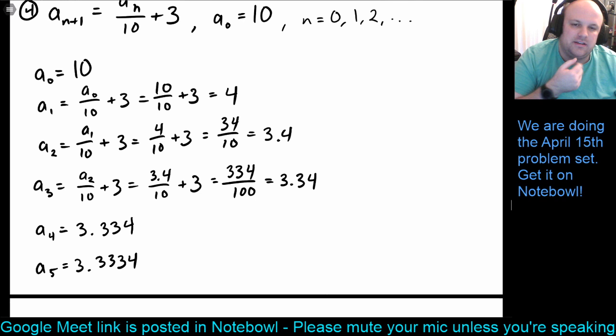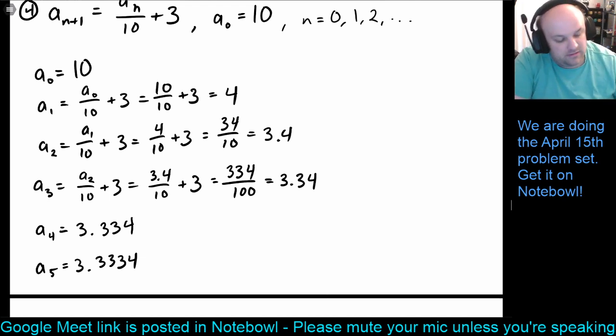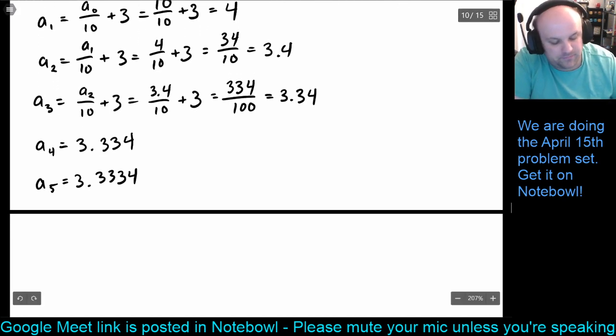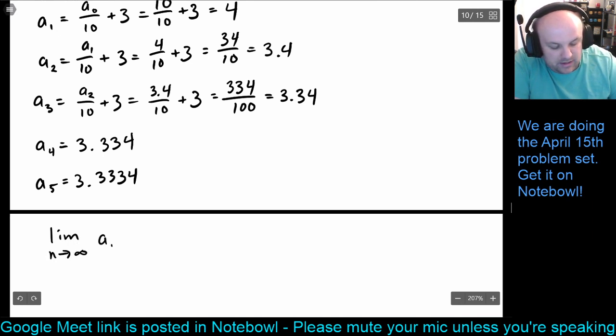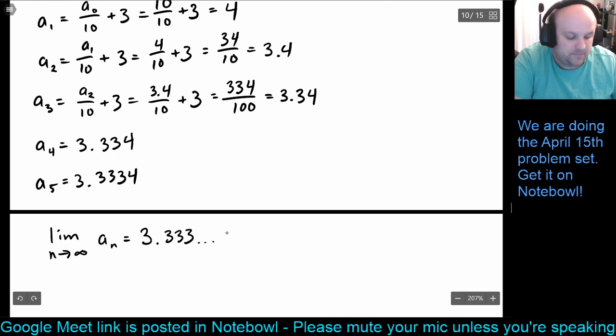So it's hard to say analytically from a recurrence relation. But what's going on here is that the limit of this thing, a_n, is going to push you off to 3.333 and so on, which is exactly 10/3. Yep.